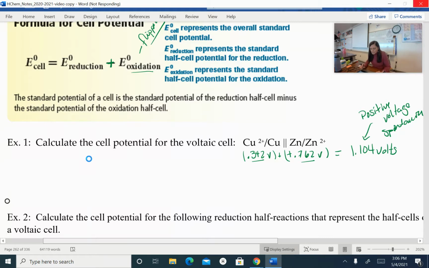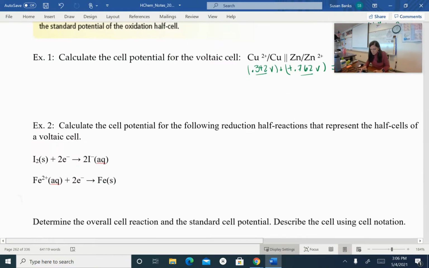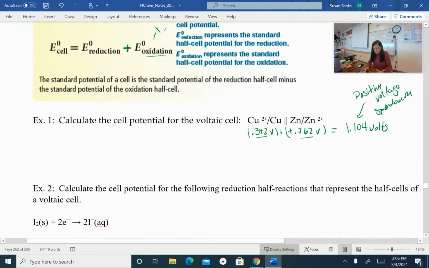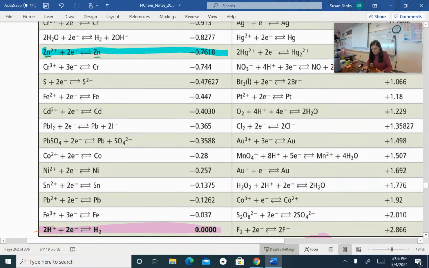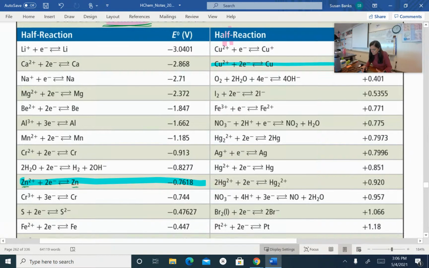We want to calculate the cell potential for the following half reactions that represent these half cells. So we're going to look at iodine, 2 electrons going to 2 iodide, and we're going to look at iron plus 2. So we're going to look at the cells here. So let's look for iodine. So if I look for iodine, do you guys see it?